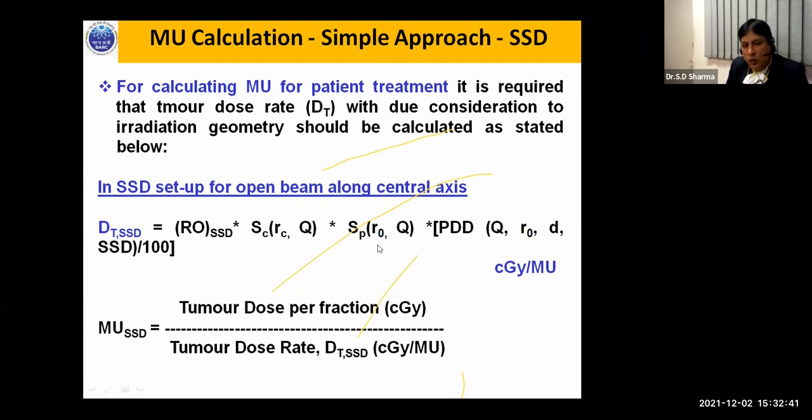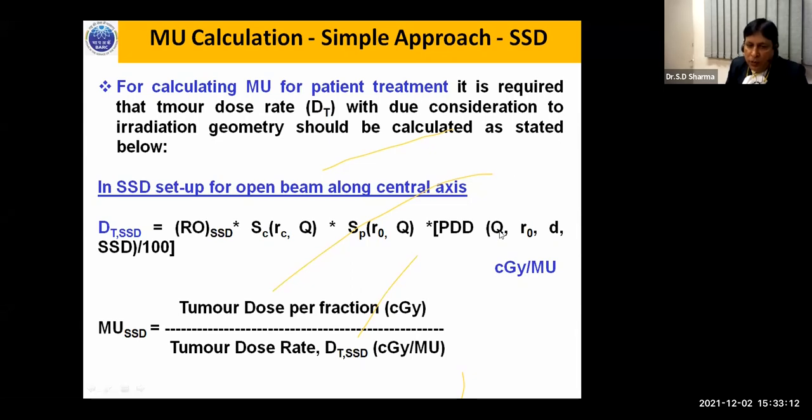So if I want to calculate the monitor unit or treatment tumor dose rate at the depth of the tumor center, then I have to convert this dose for the clinical field from depth of dose maximum to the depth of the tumor center. So here D is the depth of the tumor center, R0 is the field size projected at the surface of the patient, and Q is the beam energy.